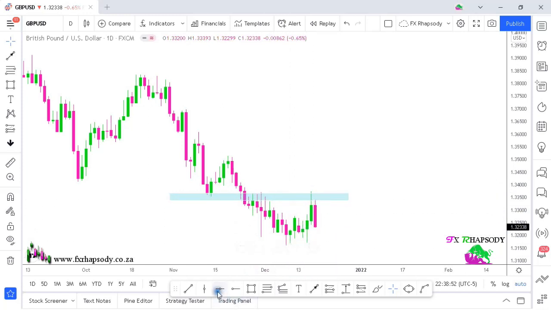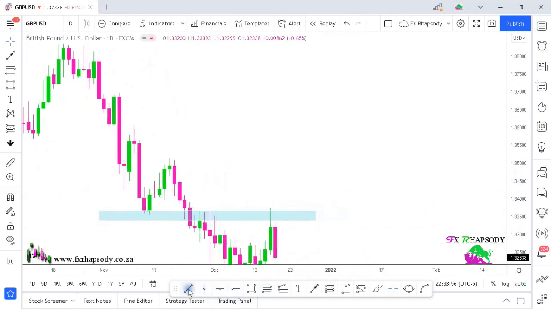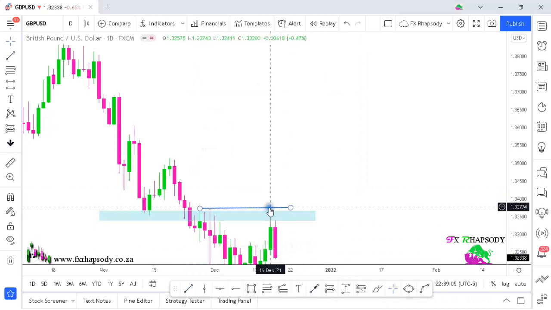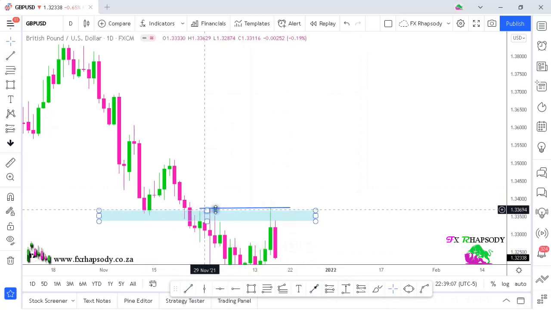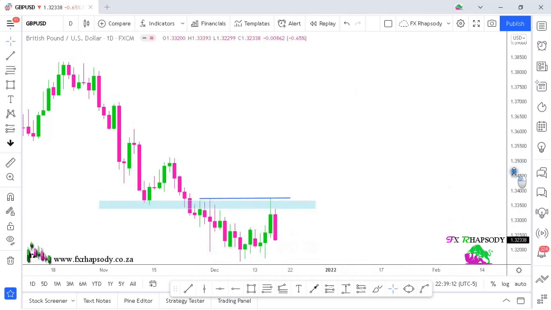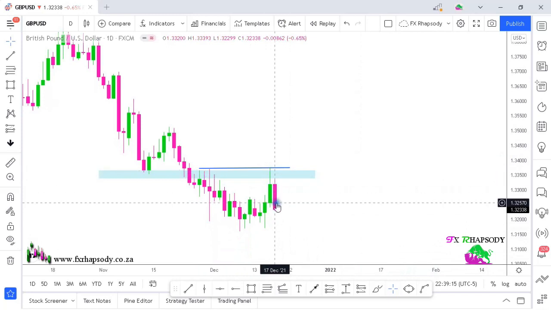You can also see, as we know, price action hunts liquidity. There was liquidity lying at the top here, price pushing into that, tapping those stop losses and buy orders lying there, and just moving to the downside.